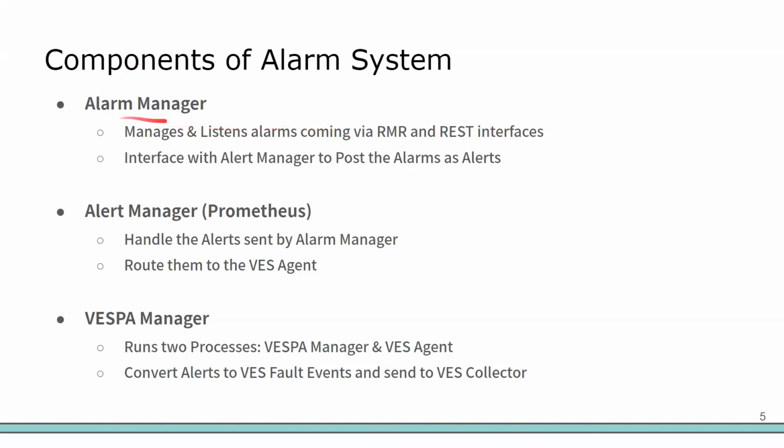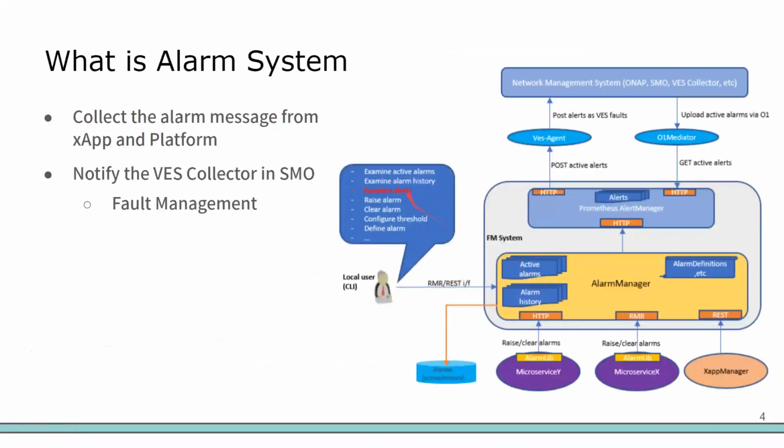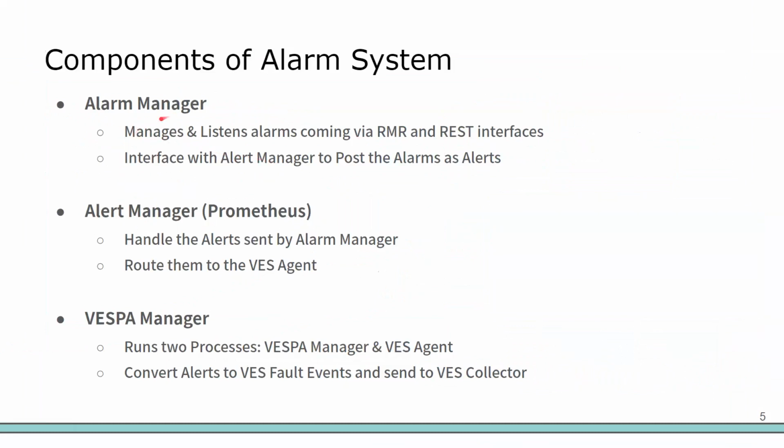It provides many APIs, for example to raise alarm, clear alarm, and configure or define alarms. So that's the alarm manager. Its second function is the interface with the alert manager to post the alarm.